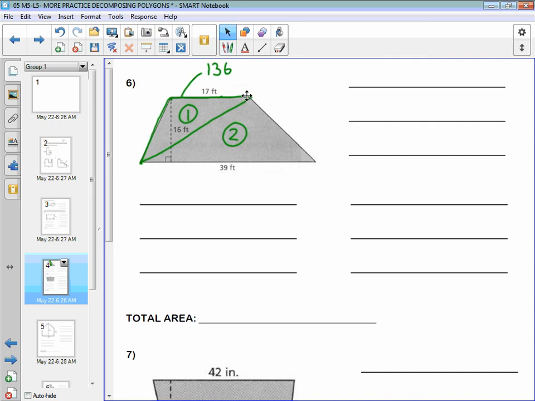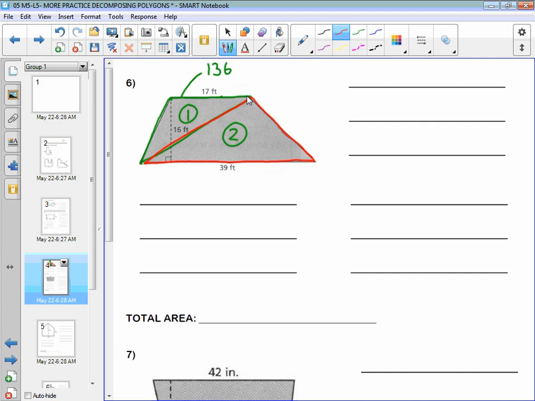Okay, triangle 2, I'm going to do in red. What's the base of triangle 2? Ava? 39. Correct. What's the height of triangle 2? M. 16.